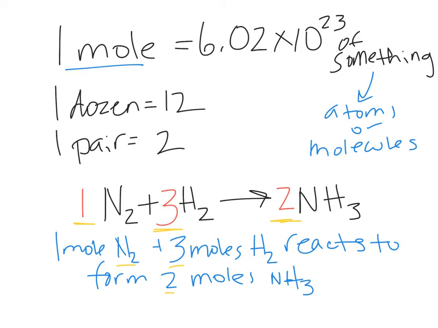When we're talking about a reaction in particular, we get those numbers from the chemical equation. So 1 mole of N2 is what we need for this reaction to occur, and 3 moles of H2. We can use these as conversion factors, these mole ratios.